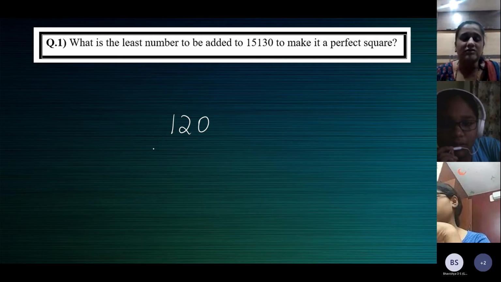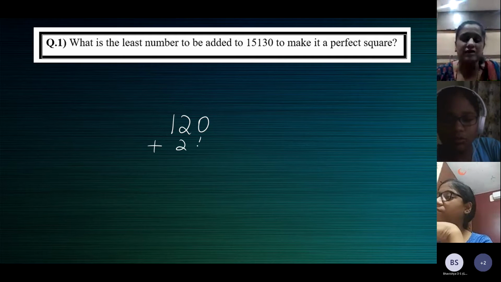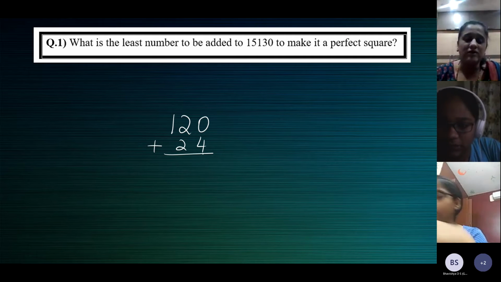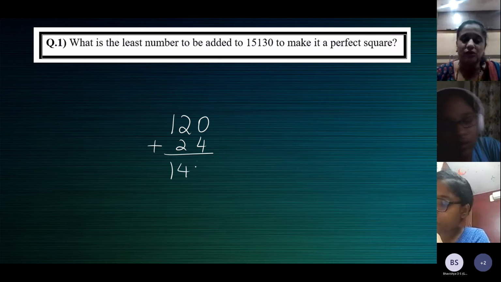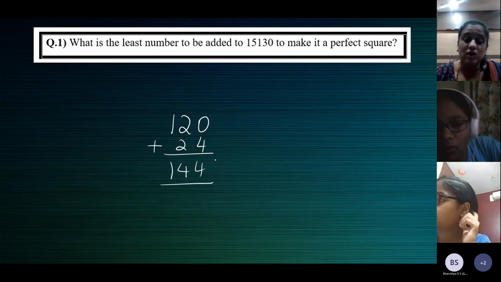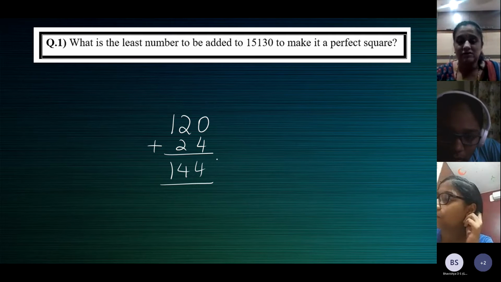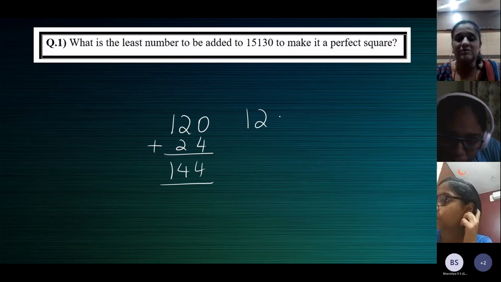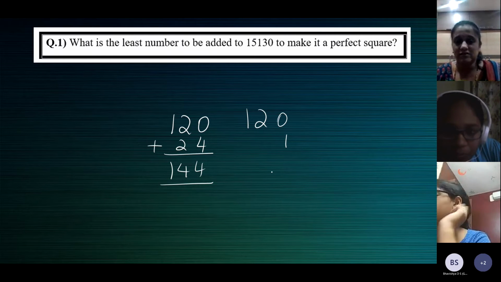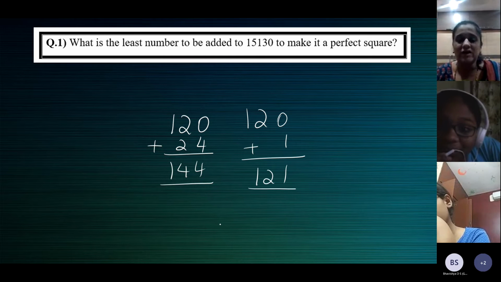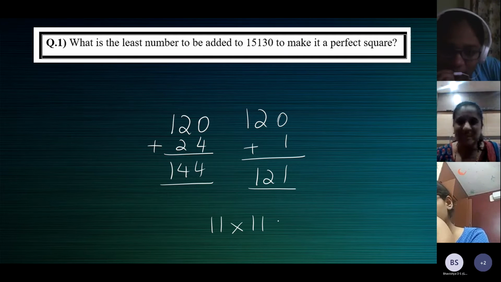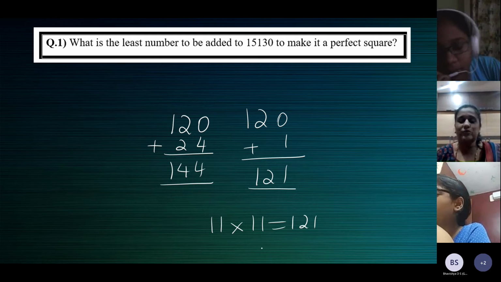So Nandana, you said 24, correct? You can add 24 to 120 and make it a perfect square, 144. That's correct. But the question is, what is the smallest number? So the smallest number is 1, because when you add 1 to 120, you get 121. Yes, 121 is a perfect square, 11 into 11 is 121.